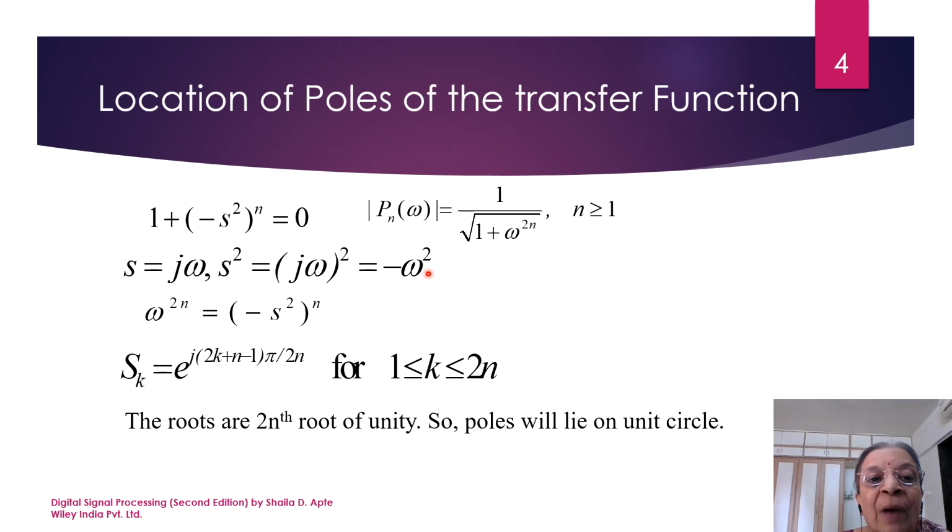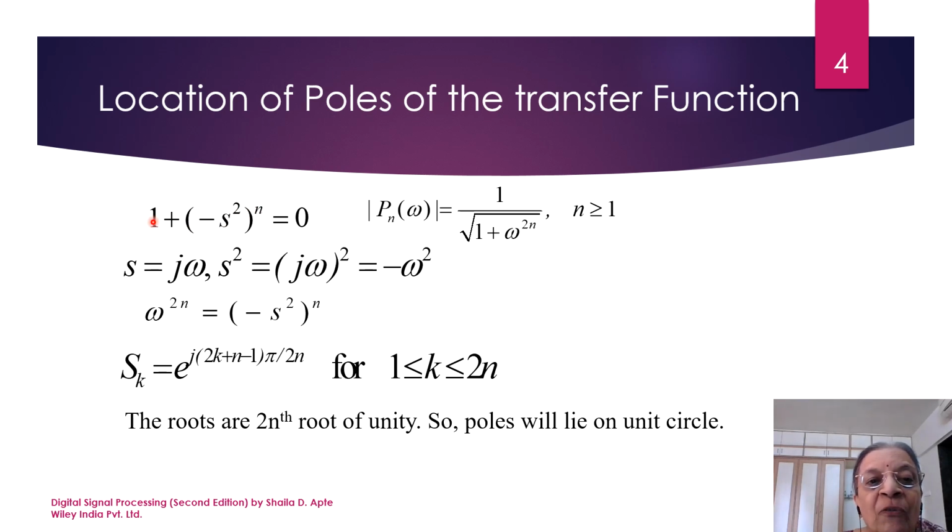So minus s square is the same as omega raised to 2, and raised to n gives the equation 1 plus (minus s square) raised to n equal to 0. The roots of this equation, located at the values s sub k, are supposed to be the 2nth roots of unity, because this is s raised to 2n.